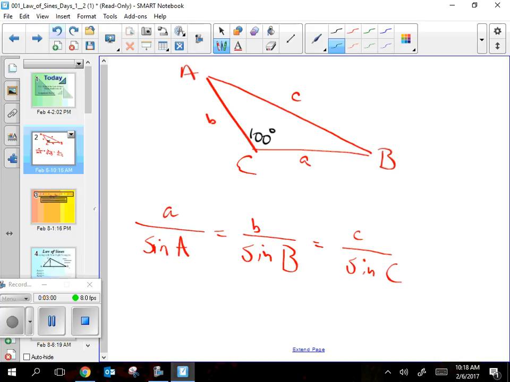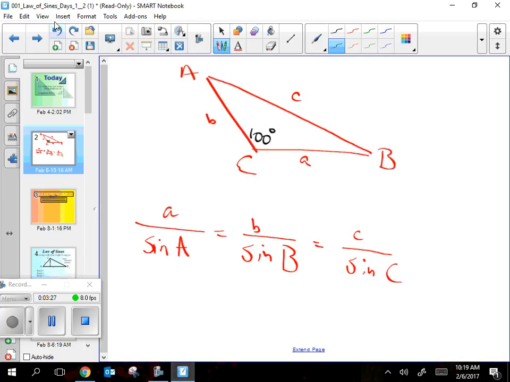I could swap this, make this B, and then this would be little b, and make this A, and this could be little a. But I'm going to always use that the biggest one is C. It doesn't have to be that way, but I just want to warn you as you're drawing your triangles, that's a way to think of it, that the biggest angle, there's only one of them, and I'm going to always call it C.